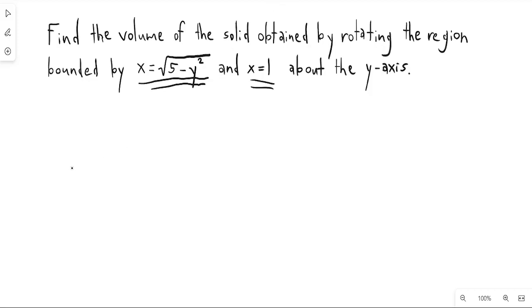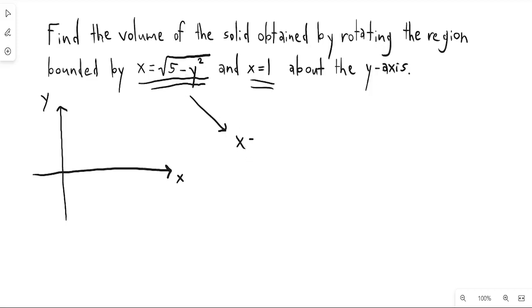Okay, so it's always helpful with problems like this to first think about a picture of what's going on here. So the first thing we have is our equation x equals square root of 5 minus y squared. It might be difficult to recognize this at first, but if we try to get the x and the y on the same side, right?